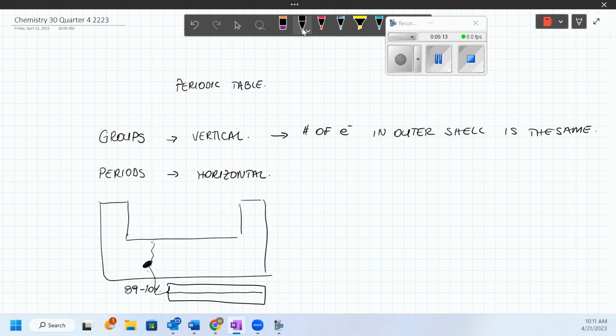And when we are looking at the periods, which are the horizontal rows, what we notice is that they have the same number of shells that the electrons are distributed in.